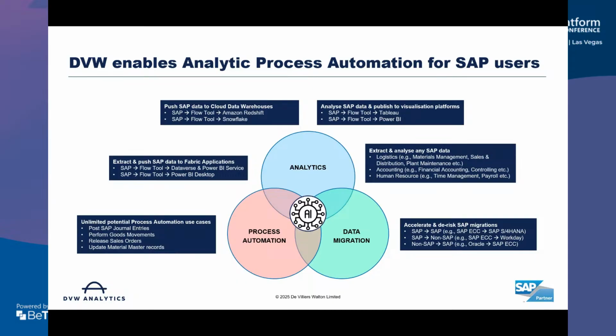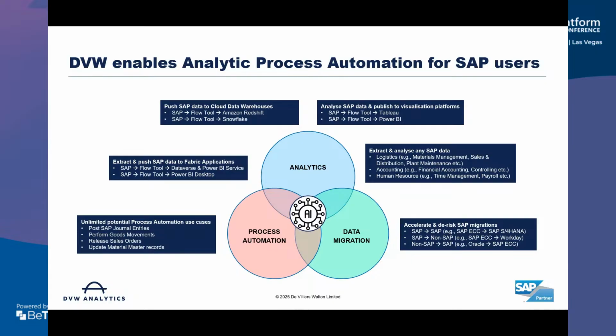So maybe on the bottom left there, post journal entries, so month end becomes less manual. It just becomes a part of an automated process. Maybe you want to update master data records or perform goods movements, etc. Any process you can think of that's very manual now, we can automate via our platform using Power BI and Fabric.